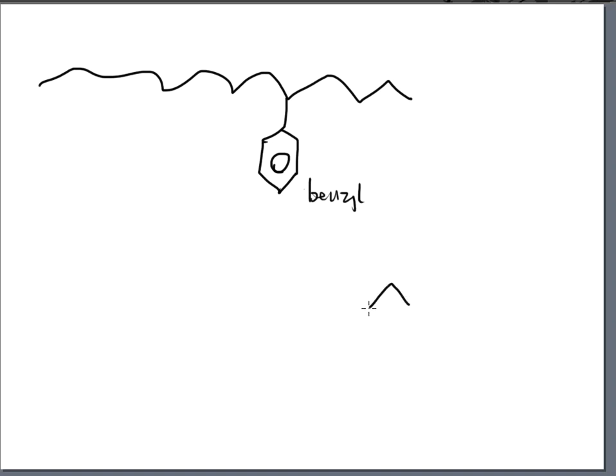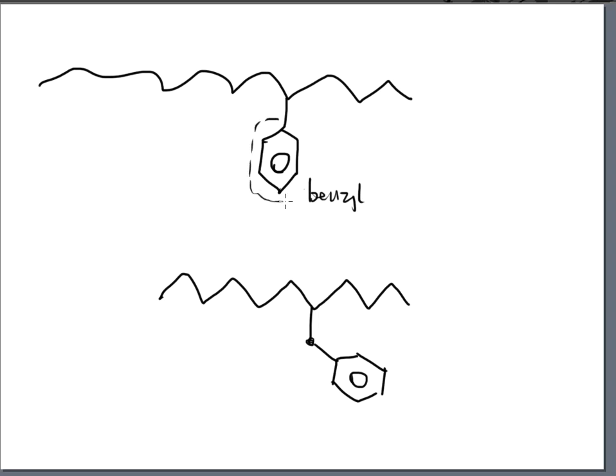So let me kind of explain why that is not the case. Here, we're going to have two different types of substituents. This is a benzene ring that's directly attached to the main chain. And down below, we have a benzene ring that is not directly attached to the main chain.